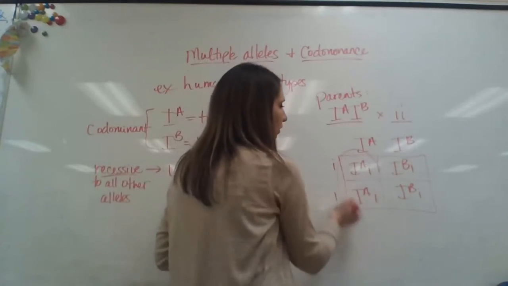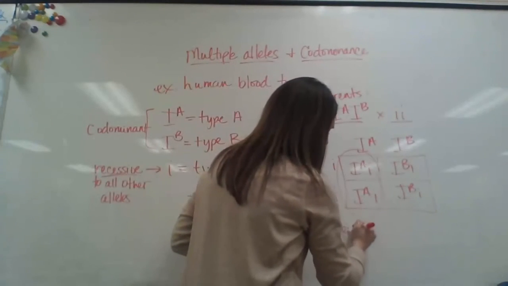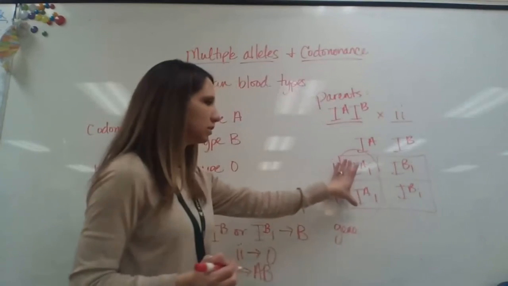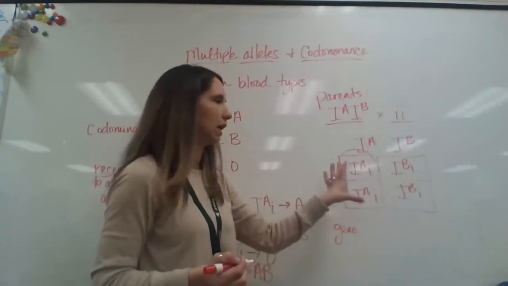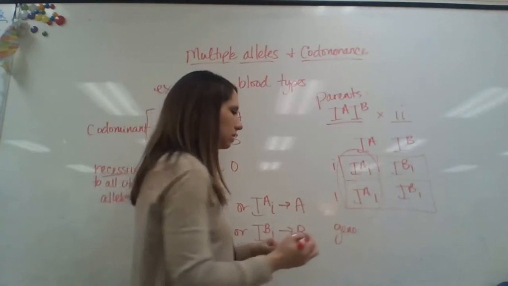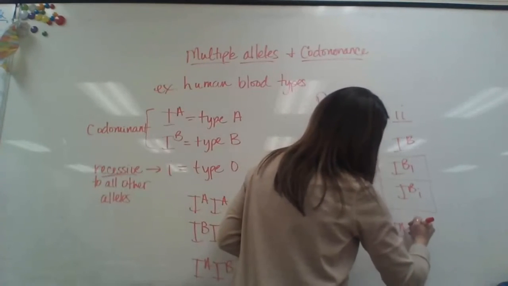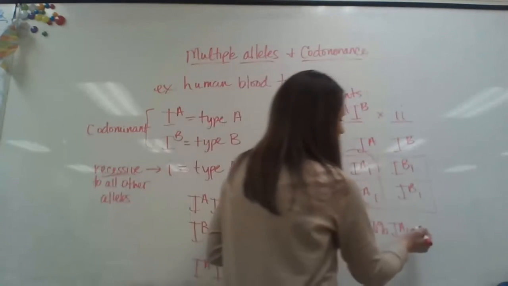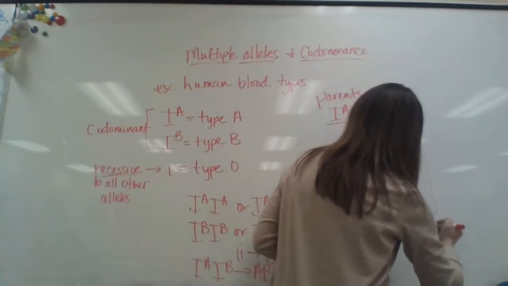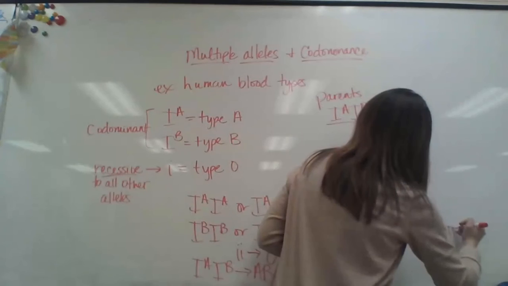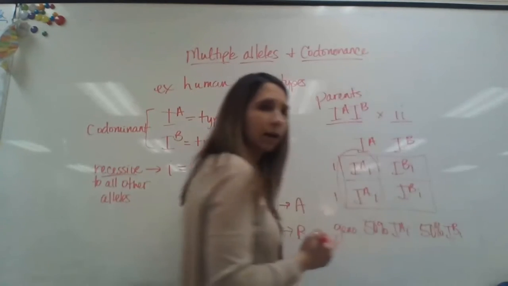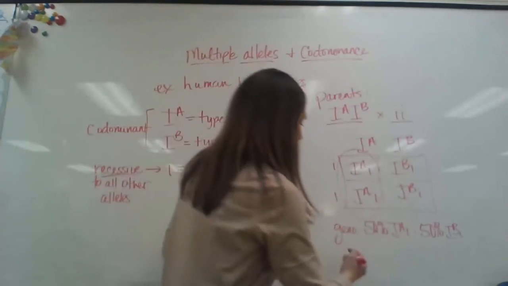The genotype ratio would represent these 2 and these 2, right? So for every one of this, I have one of these. We could say we have 50% big A, little i, compared to 50% big B, little i. Okay, that would be genotypes.